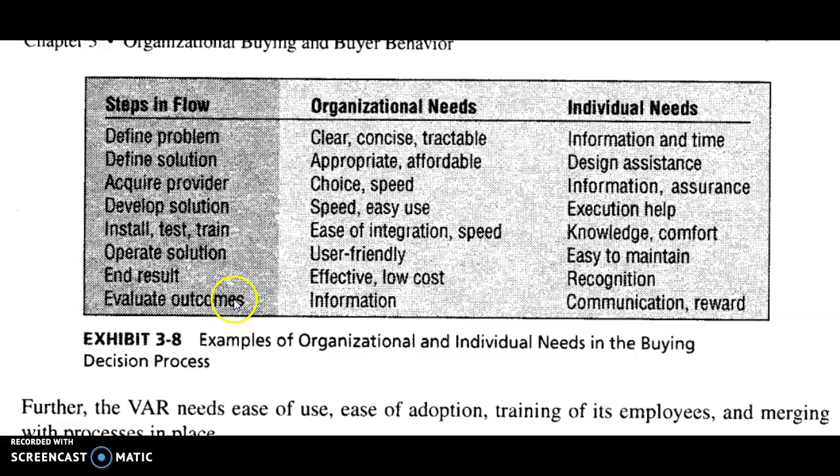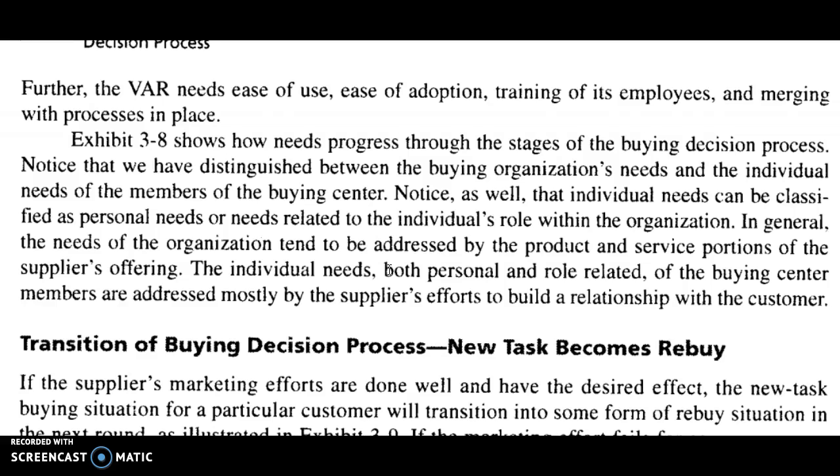Steps in flow, evaluate outcomes, organizational needs, information, individual needs, communication and reward. Further, the value-added reseller needs ease of use, ease of adoption, training of its employees, and merging with processes in place. Exhibit 3.8 shows how needs progress through the stages of the buying decision process.